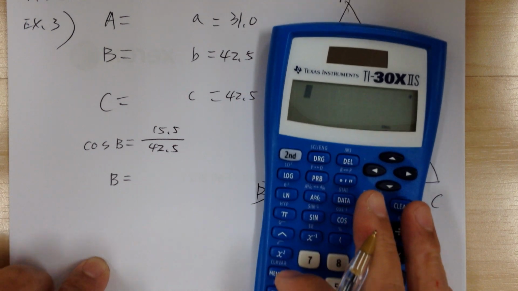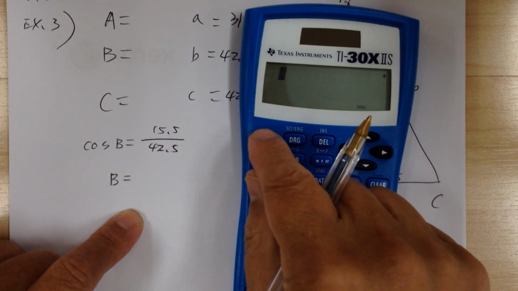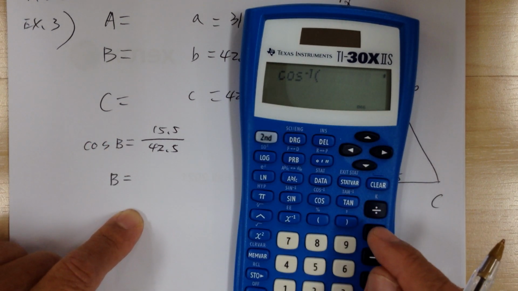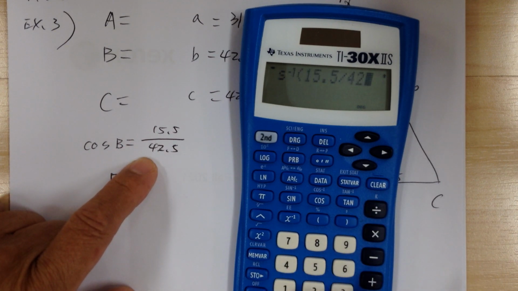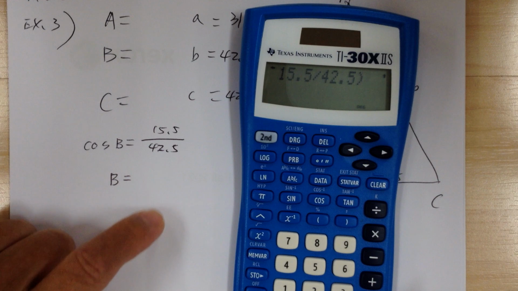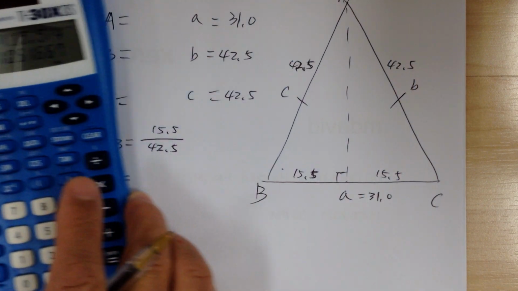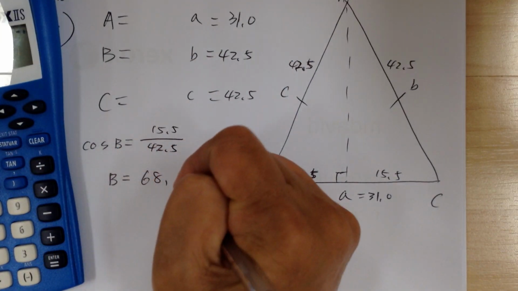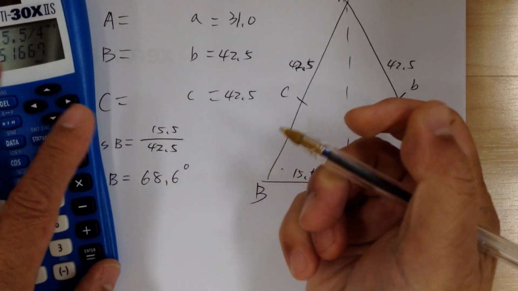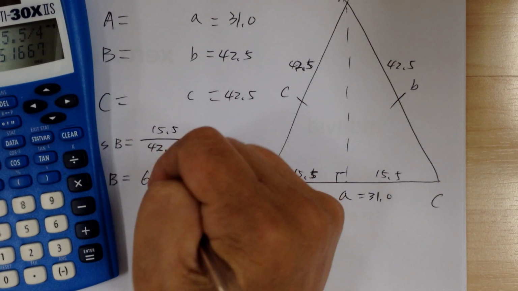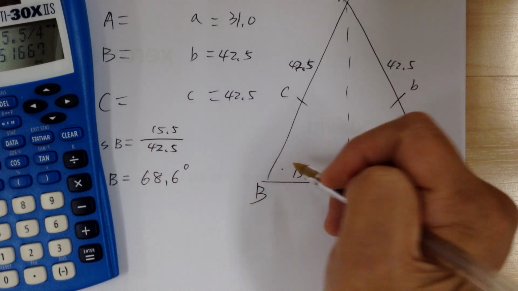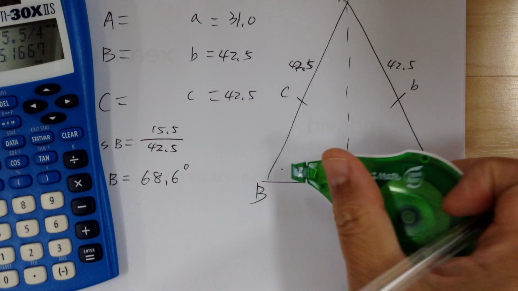To find the angle B, you need to use the second function. So you go second cosine of 15.5 divided by 42.5, closing parentheses, equal. This will give you 68.6 degrees. Again, you just need to have one decimal place.